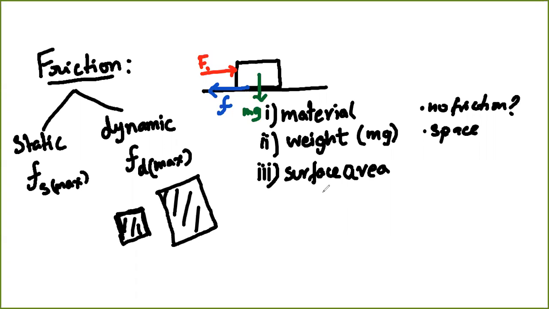So bear with me. What I'm trying to do is eliminate the ones out of these three factors that I have written down over here that are actually not a factor in deciding friction between any two objects. One is that the textbook is saying that surface area does not matter.